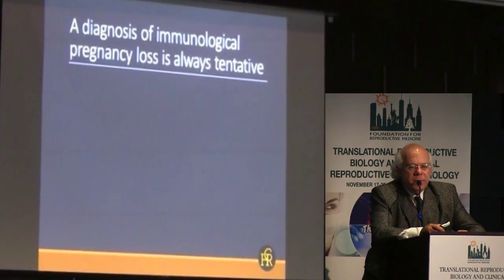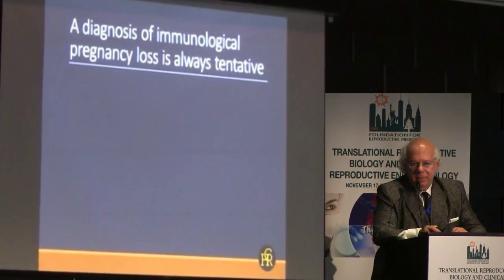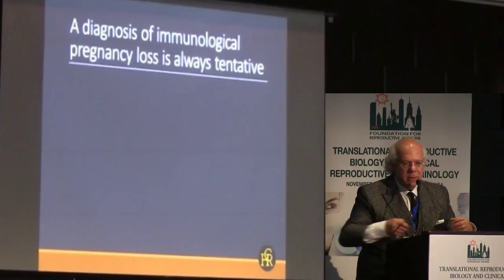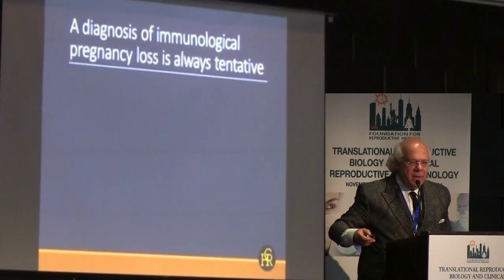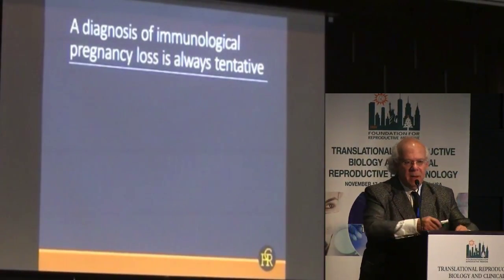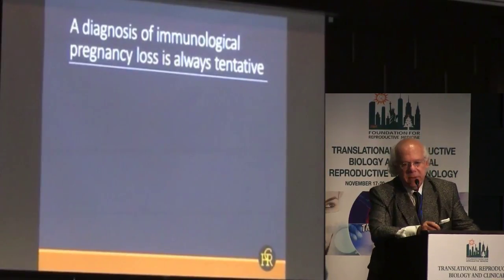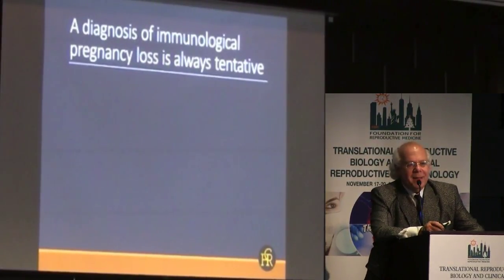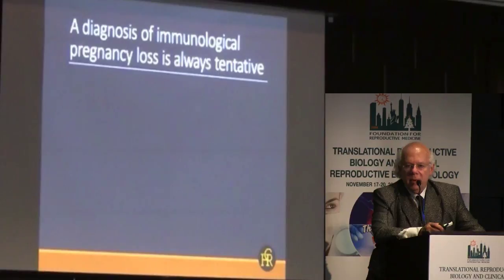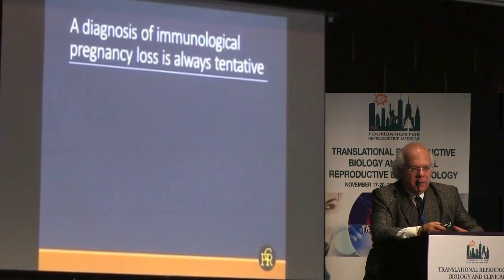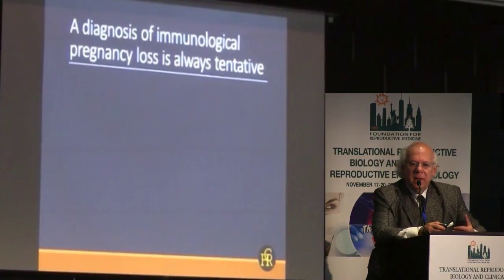It is also important for you to understand that whatever ultimate diagnosis you reach, in other words, whatever your ultimate conclusion is about the likely etiology of a patient's pregnancy loss, it is always a tentative one, because we do not have proof. I cannot tell you to do test X to confirm that it is an immunological cause.